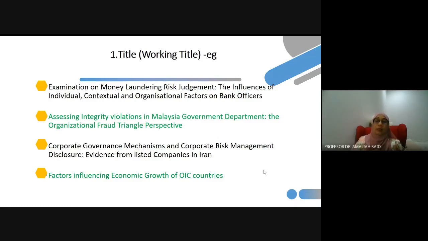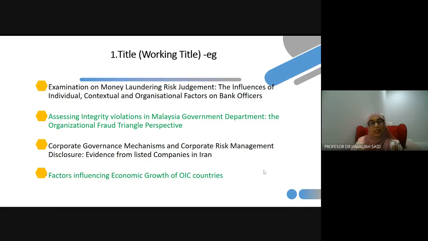I like this working title because it fulfills the requirement of cause, effect, sample. From this title, I know that the student is trying to examine whether individual factors, contextual factors, and organizational factors may influence bank officers' money laundering risk judgment.